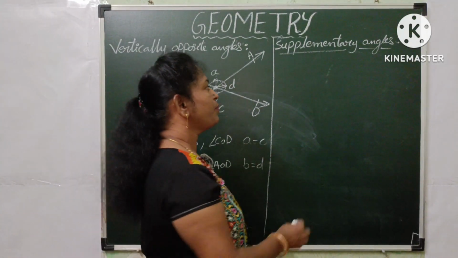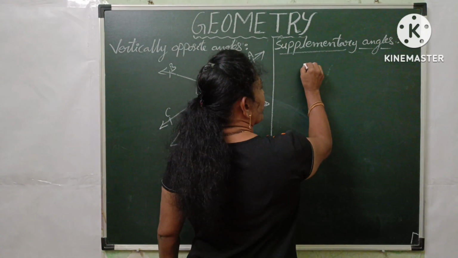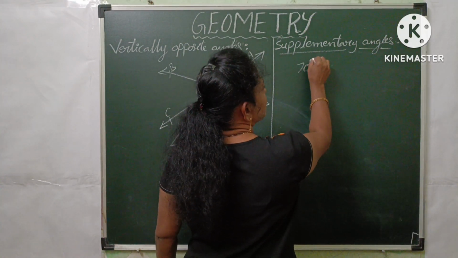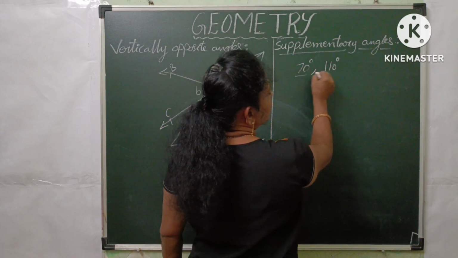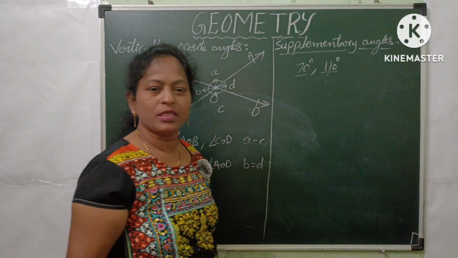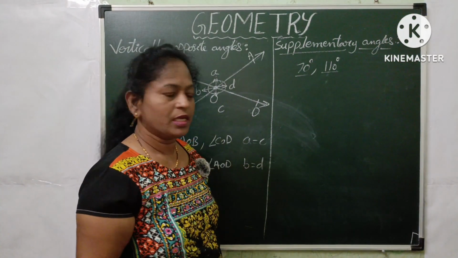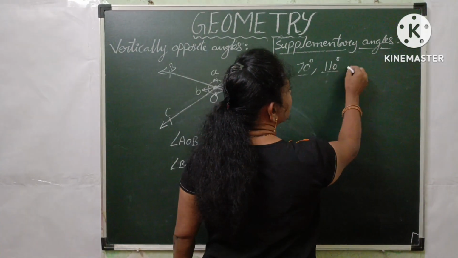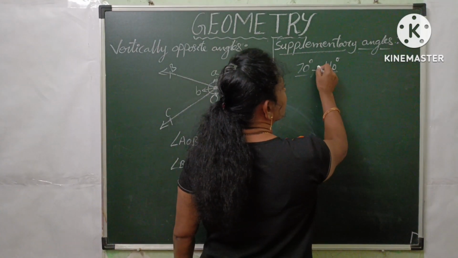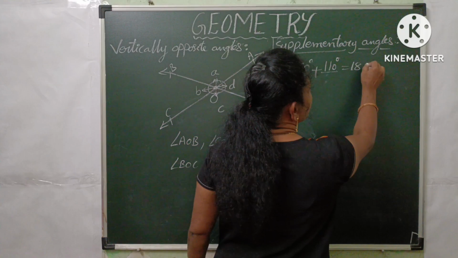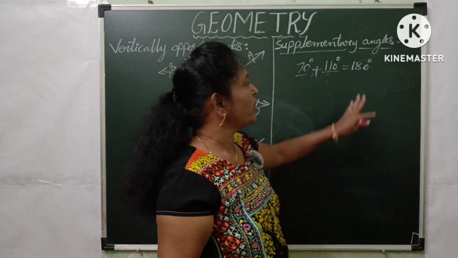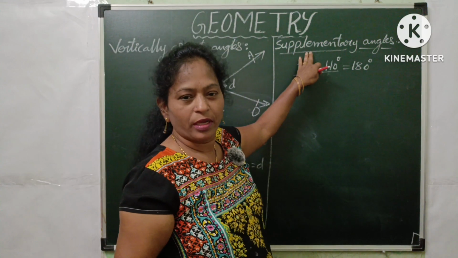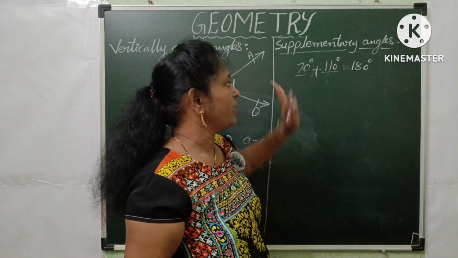So for example, 70 degrees and 110 degrees. Check it there, 70 degrees and 110 degrees. The sum should be 180 degrees. Yes or no? If you add these two angles, the sum should be 180 degrees. That means two angles whose sum is 180 degrees are called supplementary angles.